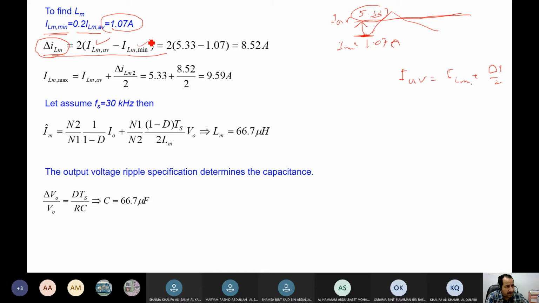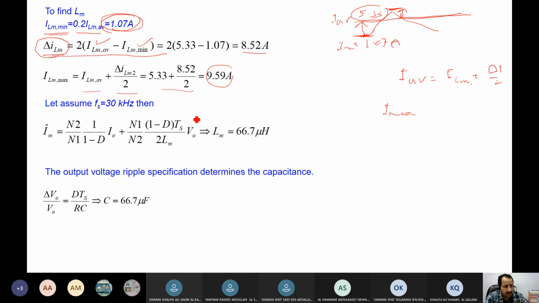I have IL minimum, which I just calculated. Then I got delta I. If I got delta I, maximum, which is this part, is delta I over 2 plus I average, as you can see here. I added them, I got the current.